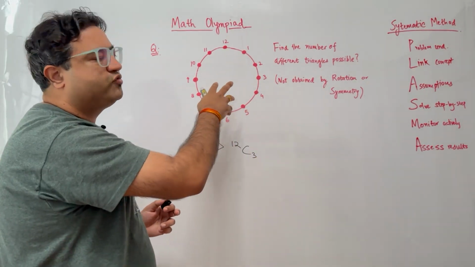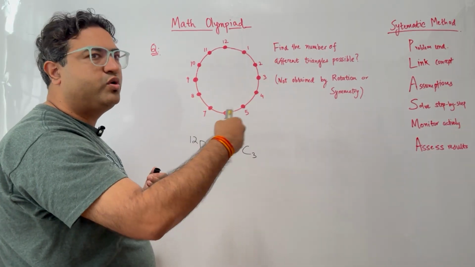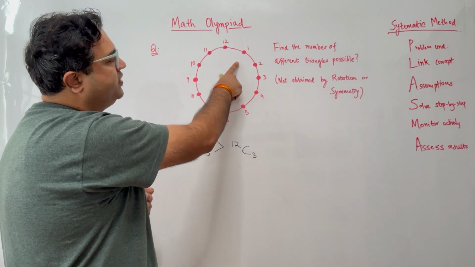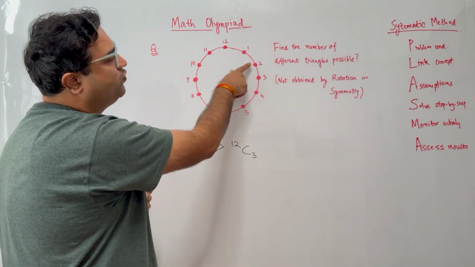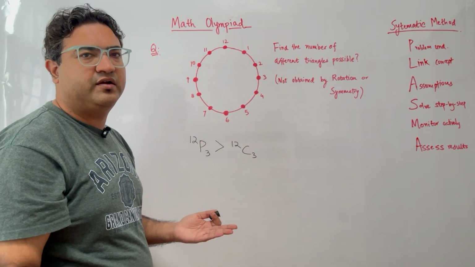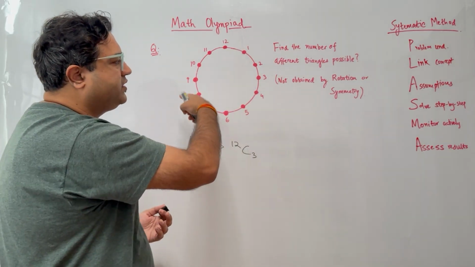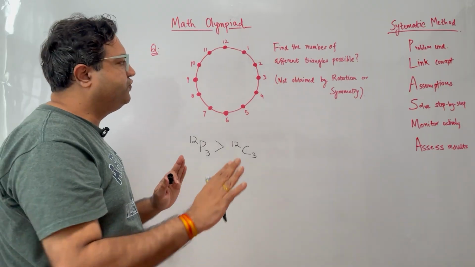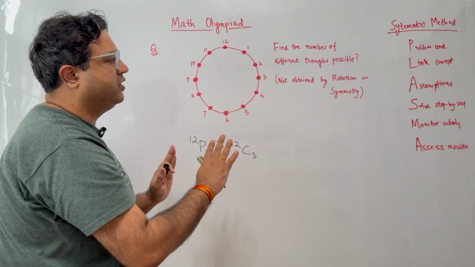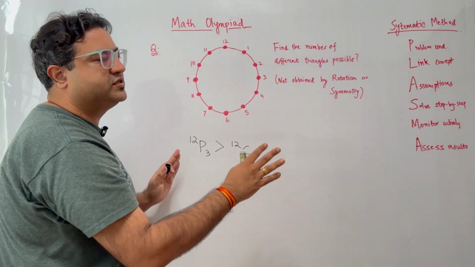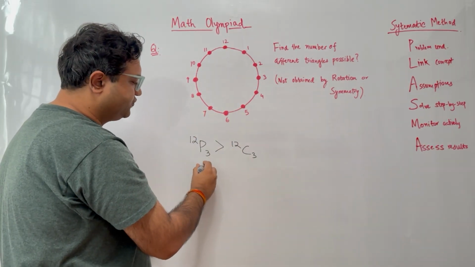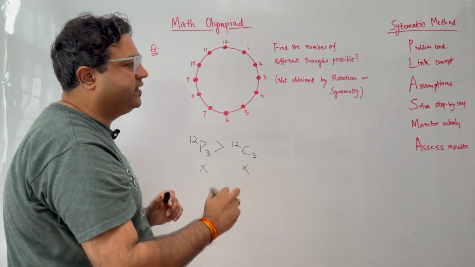But if you have to rule out any rotation, then if you rotate these by 1, 2, 3, 4 will become 1, 2, 3, which is the same kind of triangle. And that will take a lot of triangles out of the picture. So we do not have to count all those triangles which are just formed by rotation. So this won't work completely.